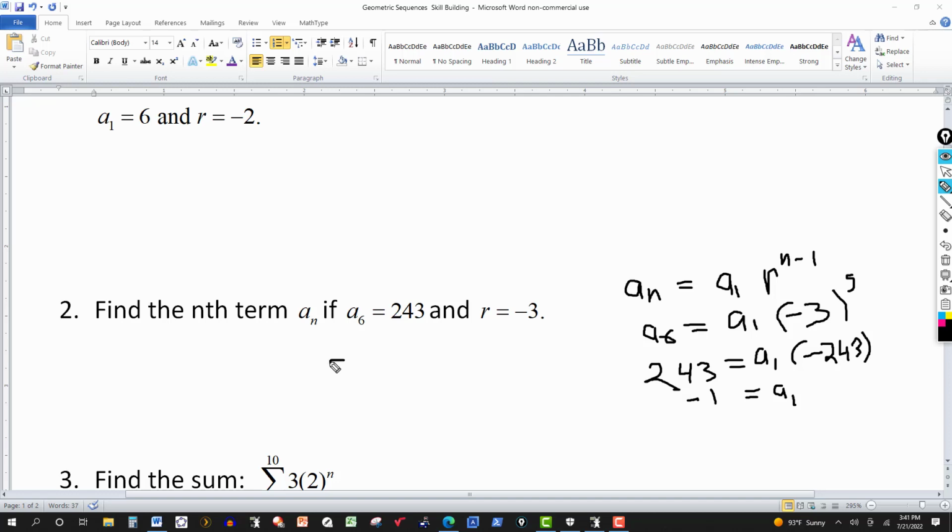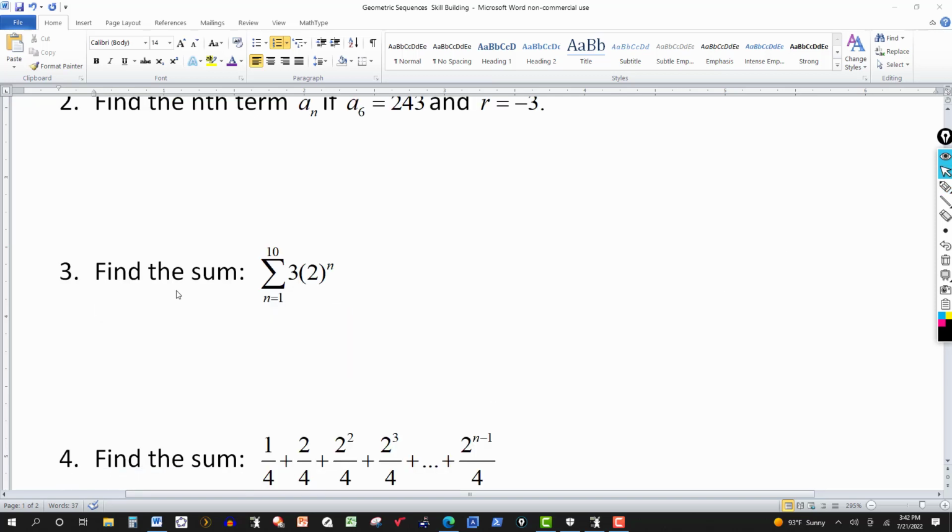So now we can write out the formula. It just wants the formula for the nth term. So a sub n is equal to the first term, a1, which is -1, times the common ratio to the n minus 1 power. Now if you want any other term of the sequence, say the 10th term, just plug in 10 where the n is and do the calculations, and you have it.